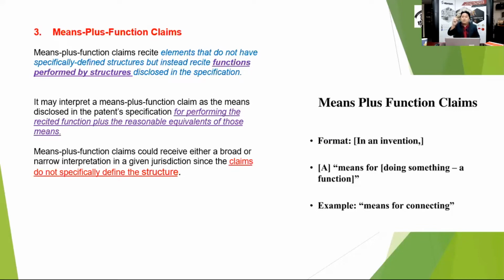So I don't actually have to define a specific structure, but I define its function. And of course, in my description, in the specification, you need to give some examples of the structures that can perform such functions. You understand that? So let me give you an example.